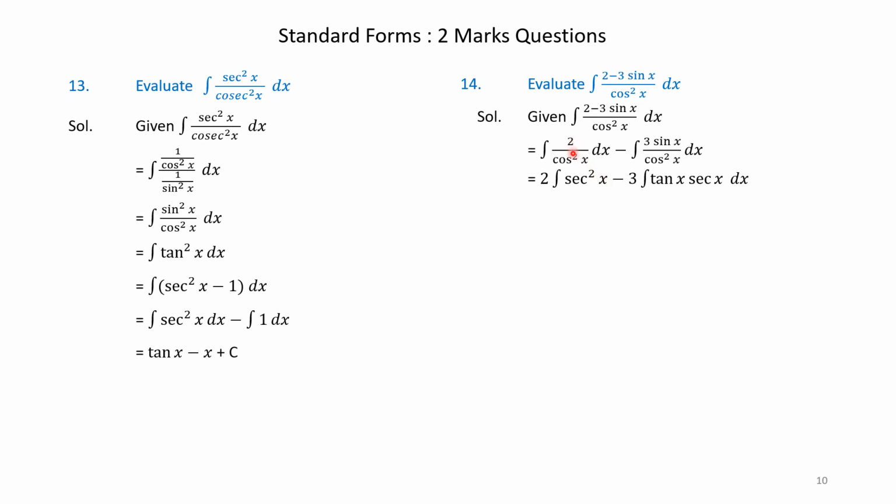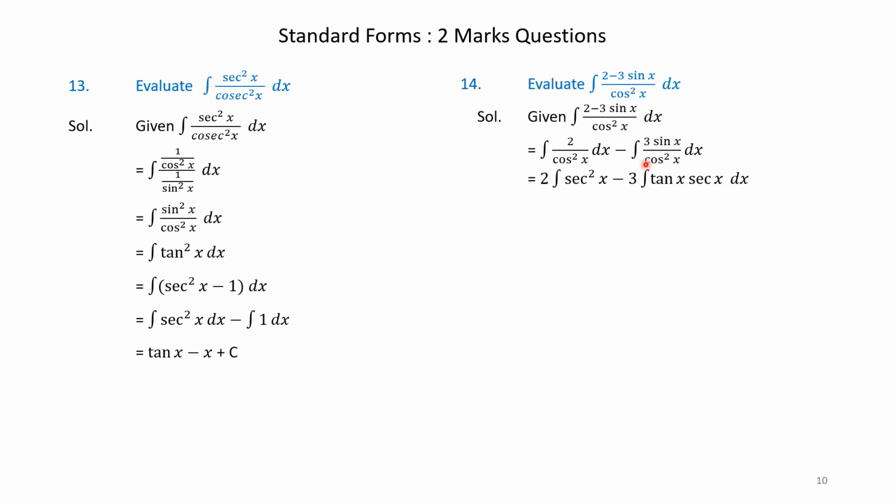Here 2 is taken outside, and 1 by cos squared x is secant squared x. Minus 3, applying the constant rule, 3 is taken outside, into sin x by cos squared x. So sin x by cos x is tan x and 1 by cos x is secant x.